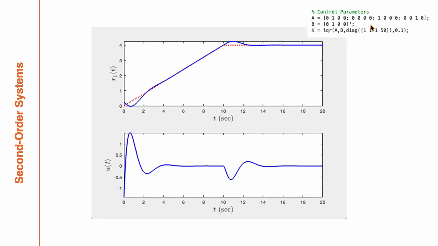You can fine tune a little bit. I didn't spend a lot of time, but if you choose Q to be diag 150, and if you reduce R to 0.1, you can make this converge faster with less overshoot, more than 50% less overshoot and much faster convergence. You can make the system track like this.